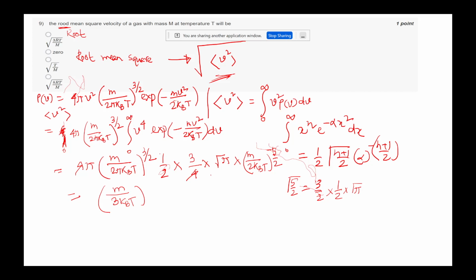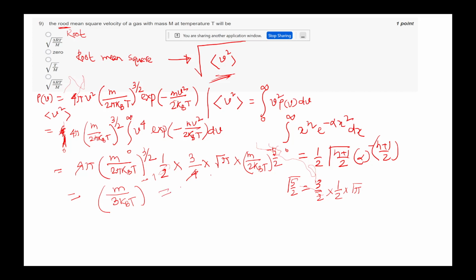So we will reverse that. Sorry, yeah, we will reverse that.